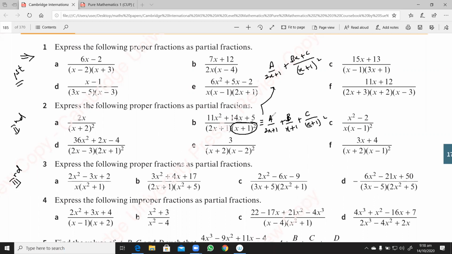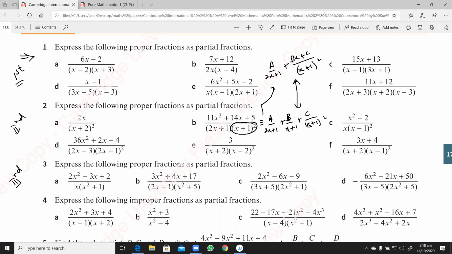Because the rule is that the numerator has to have a lower degree than the denominator. So if you don't want to write the maximum number of fractions, then you can also take it as just x plus 1 whole square, okay? So maybe towards the end of this lesson, I'll ask you to split one of these in both of these methods, and then you will have to show that they are both the same, okay?